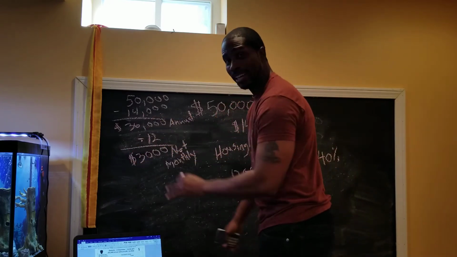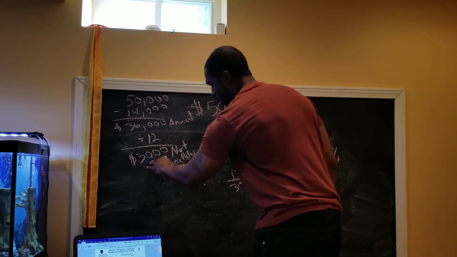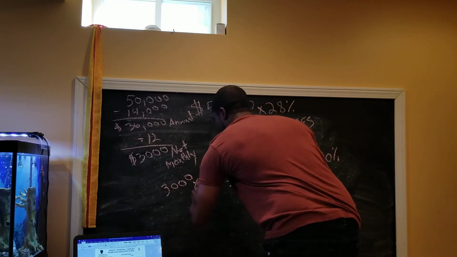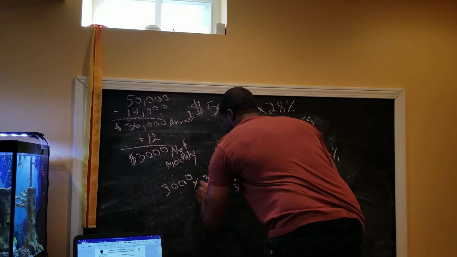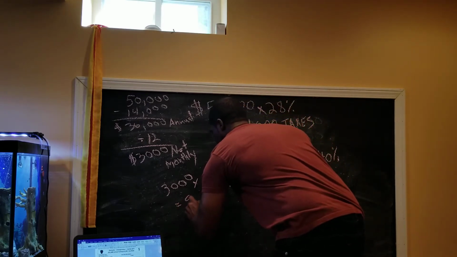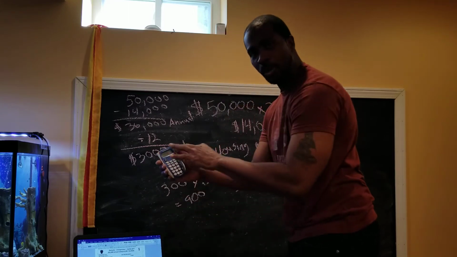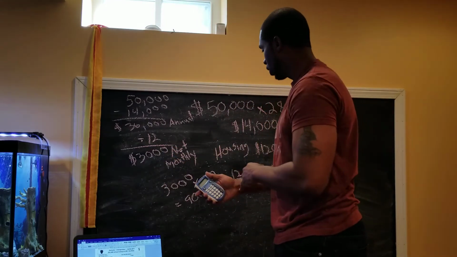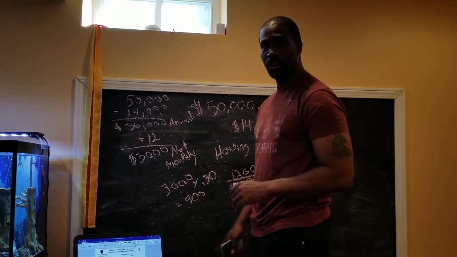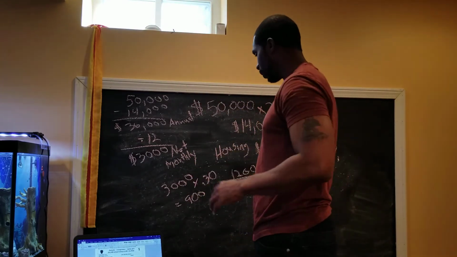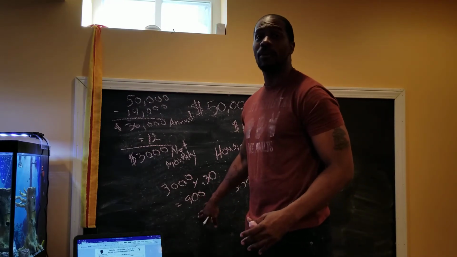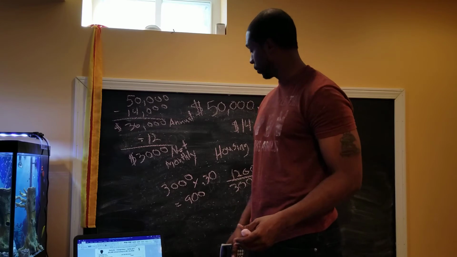So how do I find out that number? That's easy. I just take that 3,000, multiply it by 30%, and I get $900. If I take that 3,000, plug it into my calculator, do a 0.30 or 30 with the percent sign, it's going to come out to $900. So what does that mean? That means that I budgeted to spend $900 a month on my rent or my mortgage for the month.